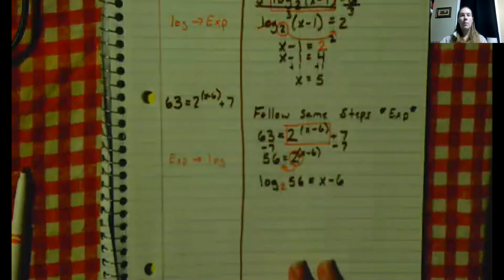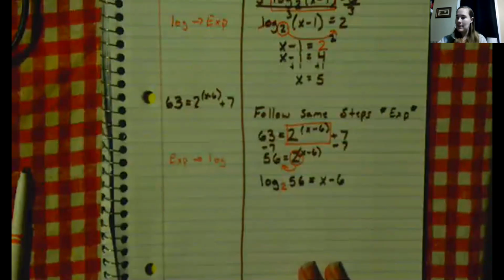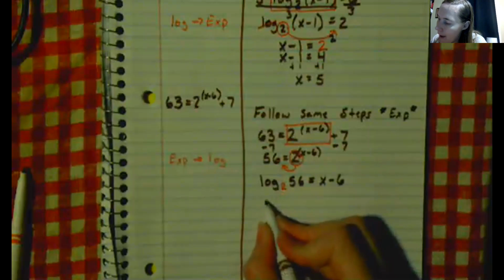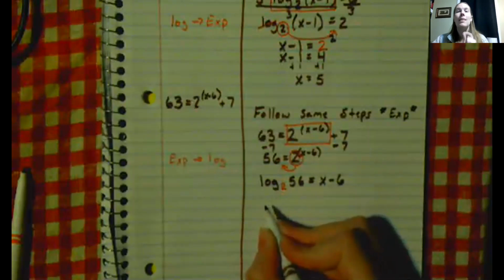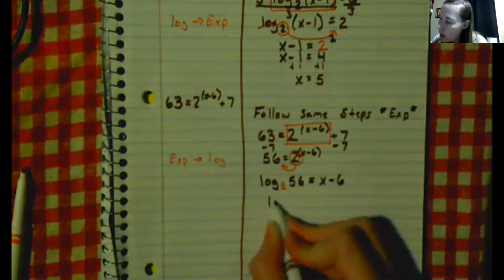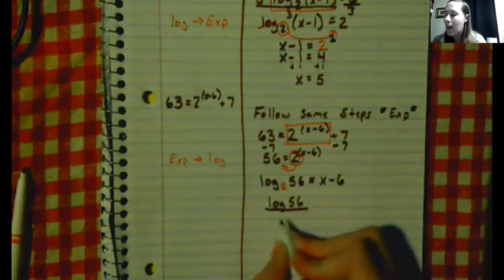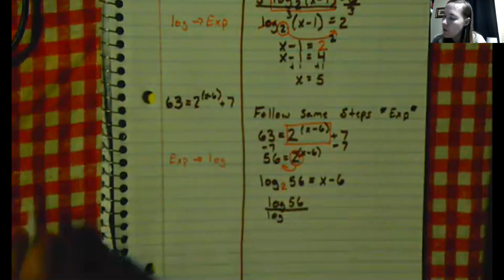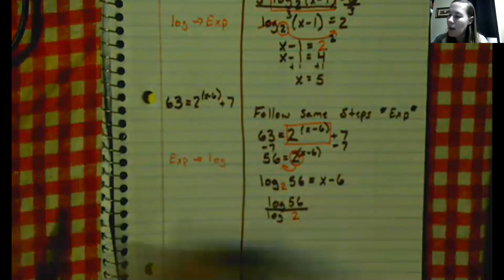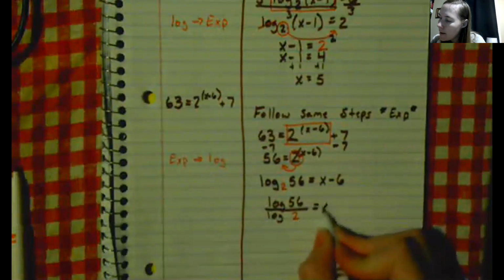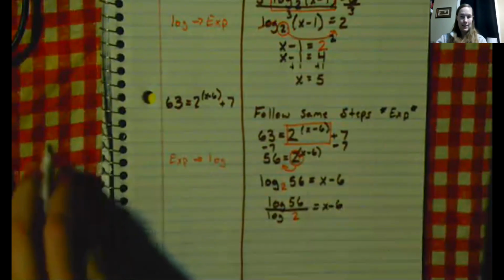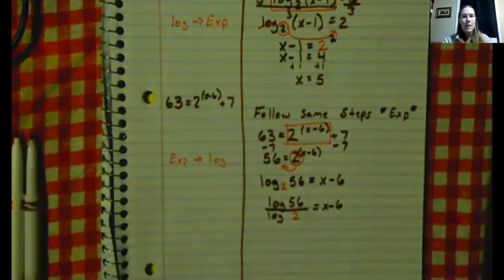Now we're combining what we learned about change of base, because this is what we have so far. Remember change of base, your base stays at the bottom. So I have log of 56 divided by log of 2, and it's going to equal x minus 6. Let's put this in our calculator.